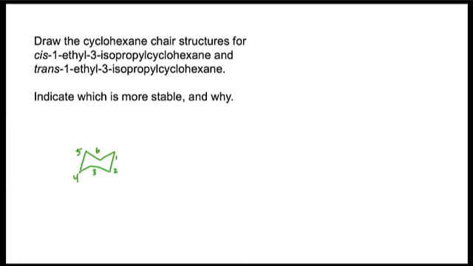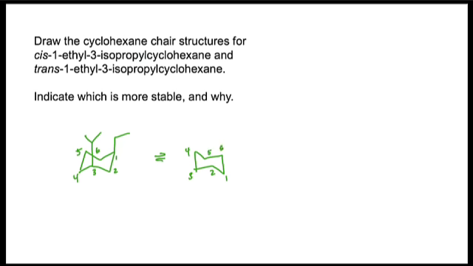So on carbon number 1, an ethyl group, and I can start with that being up or down, so I'm just going to start with it up. Okay, and then on carbon number 3, we have an isopropyl, and since it's cis, then this one would also have to be up.